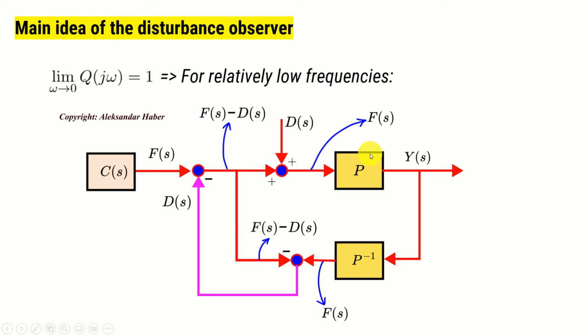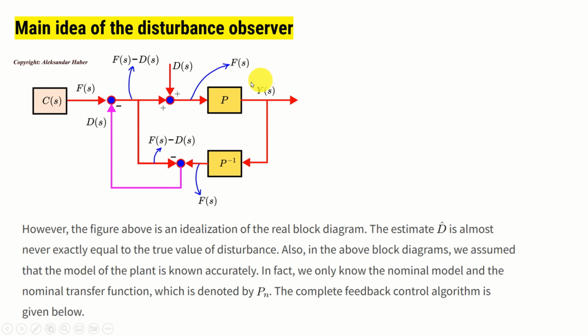Now, spend some time studying this graph, since this graph is very important for understanding how disturbance observers work in practice. This block diagram is introduced for better understanding of the disturbance observer, and it's not completely realistic.